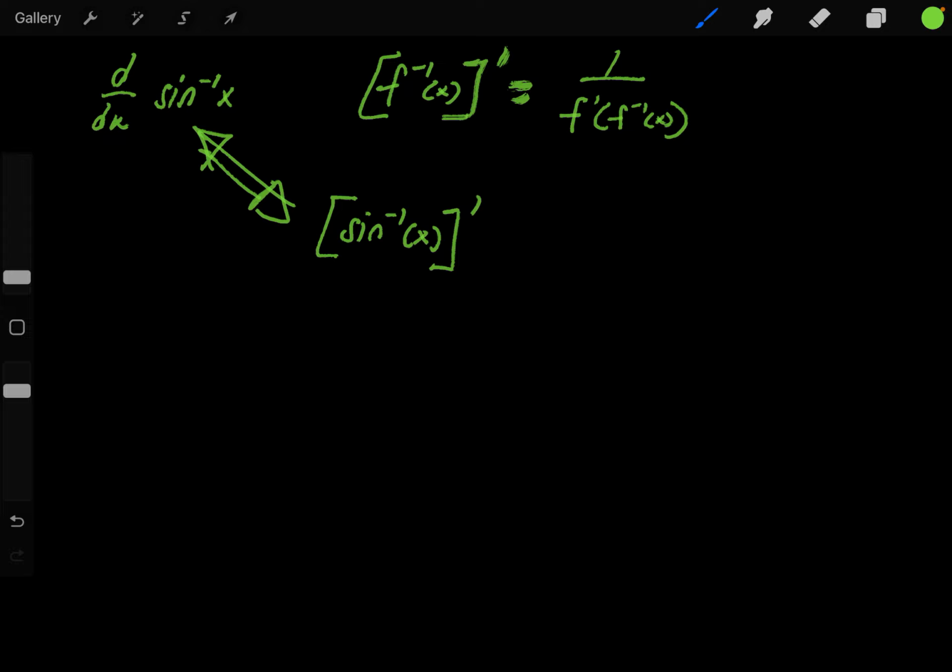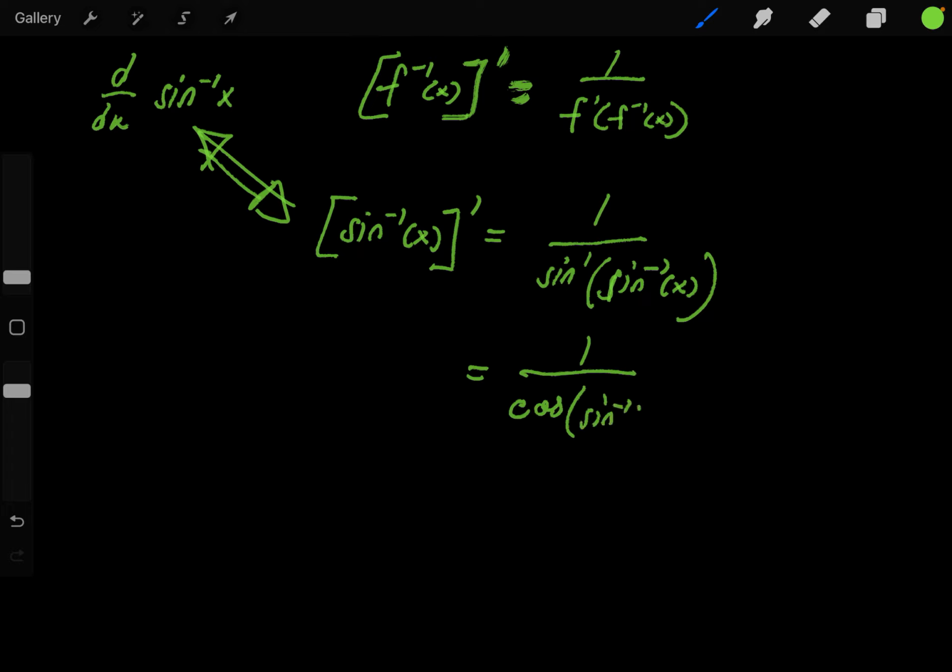The derivative of sine inverse equals, in this case, the derivative of sine with sine inverse plugged in. So what is the derivative of sine? The derivative of sine is cosine. So it's cosine with sine inverse plugged in.